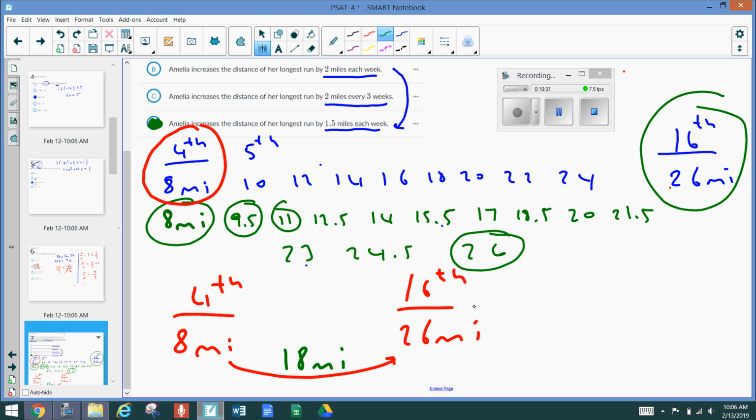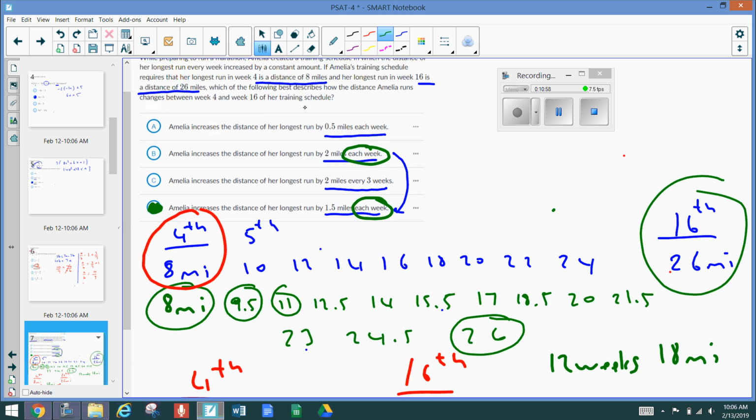So how many weeks passed? How many weeks did it take for her to improve? 12 weeks. She improved 18 miles in 12 weeks. What is the question? Each week, right?